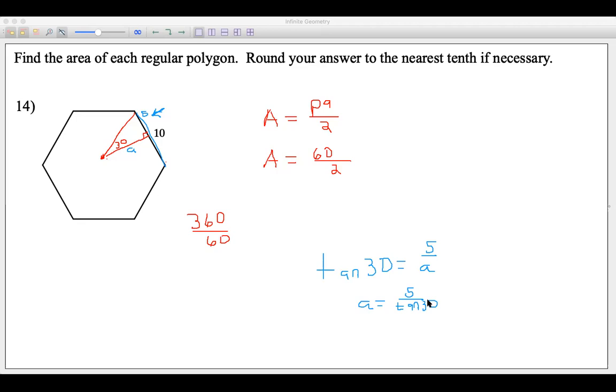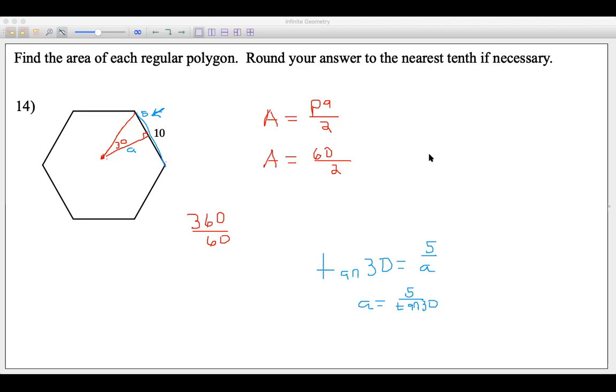Everybody else get 8.7? You getting it right now, Matt? I know you were. Okay, 8.66, right?